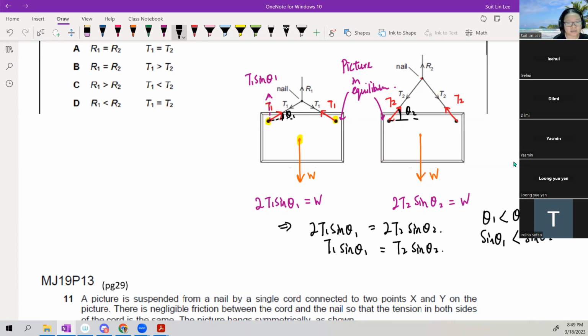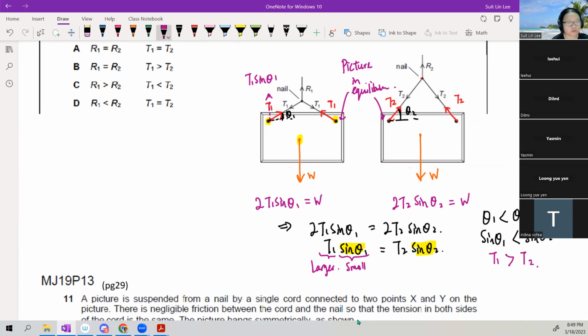If theta 1 is smaller than theta 2, how can we compare T? So you think about it as A and B, right? So if this one is small, then this one has to be larger to compensate. Okay, meaning T1 has to be bigger than T2.